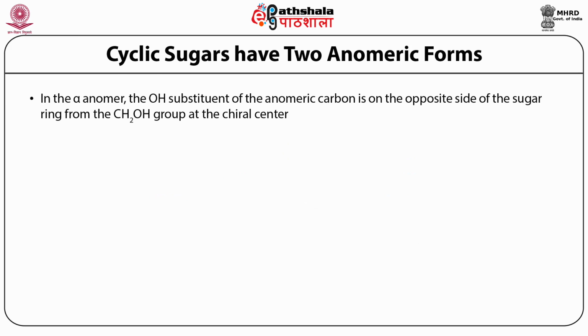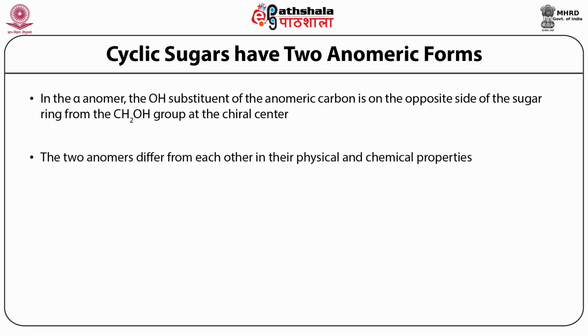Now, in the alpha anomer, if you notice, the hydroxyl substituent of the anomeric carbon is on the opposite side of the sugar ring from the CH2OH group at the chiral center, and it is the opposite for the beta form, where you see that the hydroxyl substituent of the anomeric carbon is on the same side of the sugar ring as the CH2OH group at the chiral center.